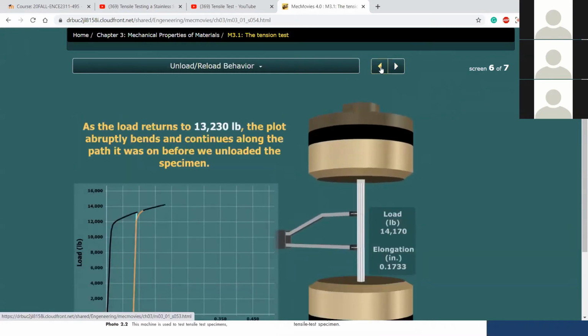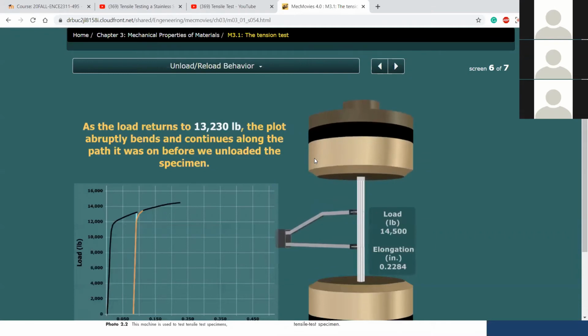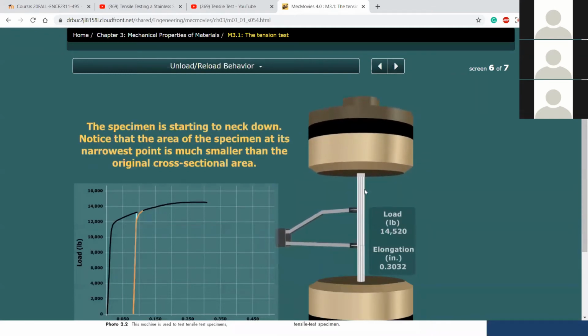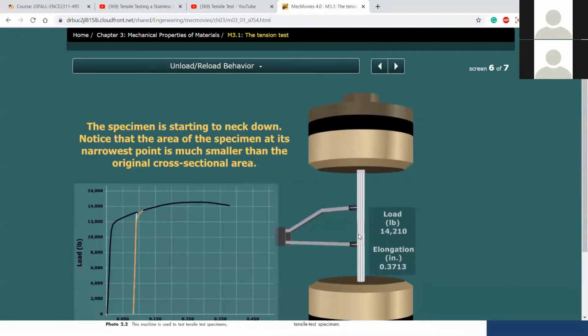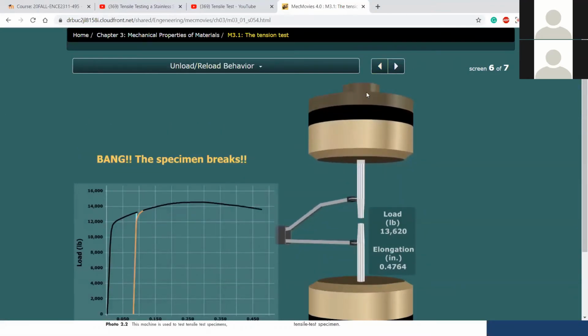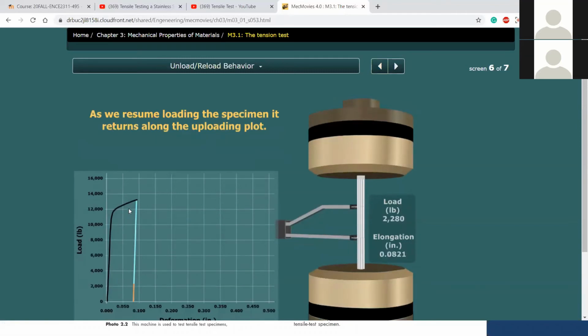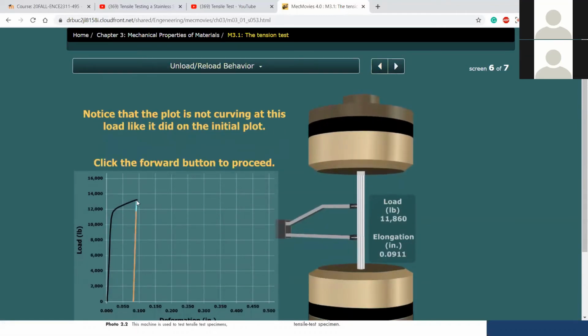So the beam has not failed yet. Or no, it's not a beam, it's this testing specimen, a circular shaft. It hasn't failed yet. You just stop the experiment in the middle, right here. You stop applying load around 13,000 pounds, and then you start unloading. You go back to 12,000, 10,000, 8,000.